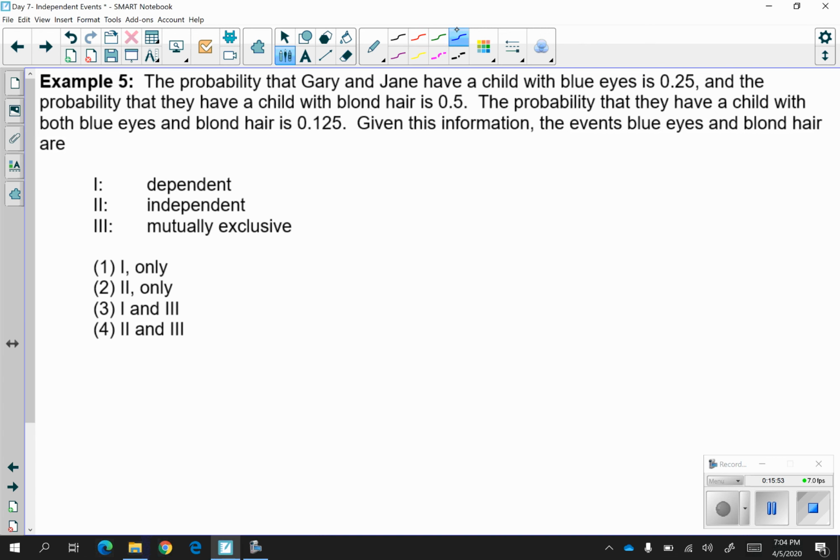The probability that Gary and Jane have a child with blue eyes is 0.25. So the probability of blue is 0.25, and the probability that they have a child with blonde hair is 0.5. The probability that they have a child with both blue eyes and blonde hair is 0.125, so that's an and probability.